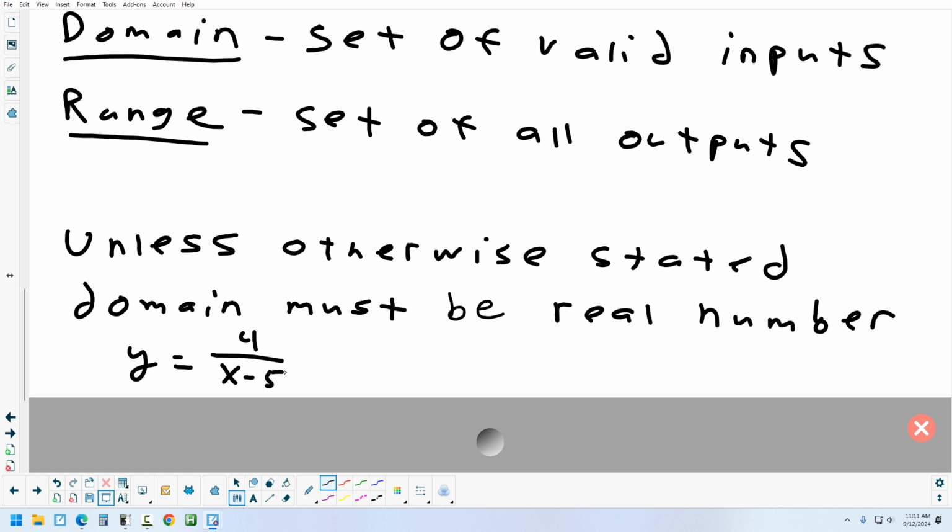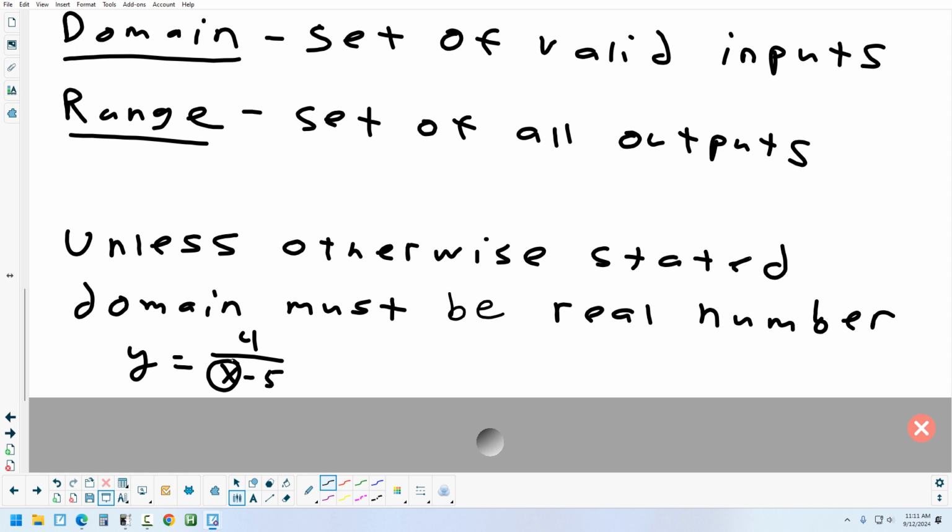So if you could plug something in right here, and it could make the bottom 0 somehow, that's an issue. We would have to say that that number is not in the domain. So is there any number that you could plug in for x, and it would cause the bottom to come out to 0? Yeah? 5. 5, yeah.